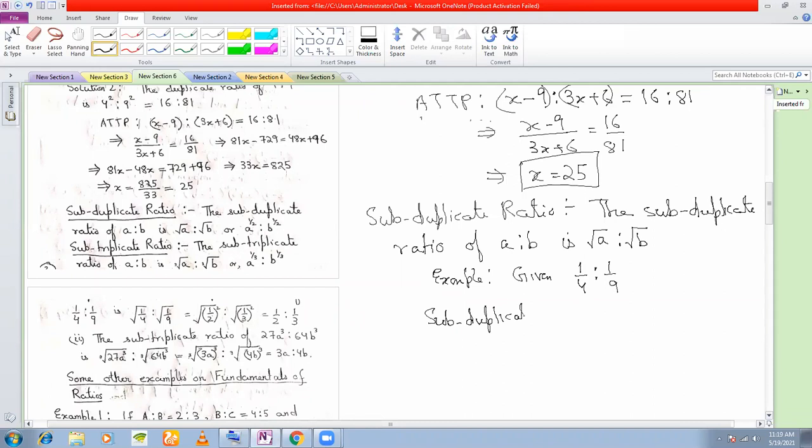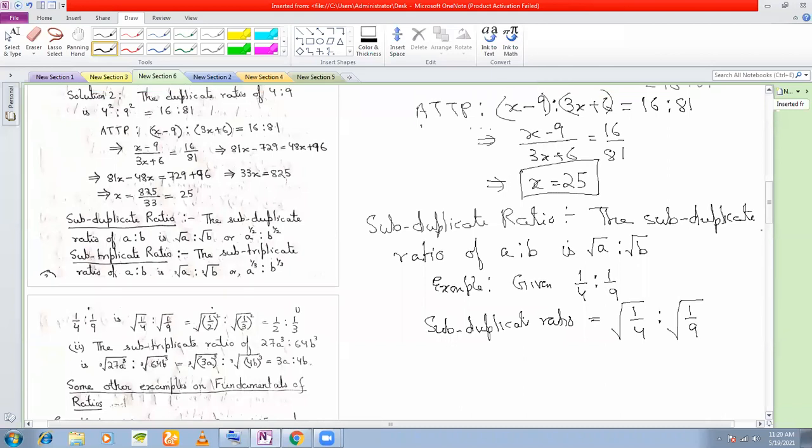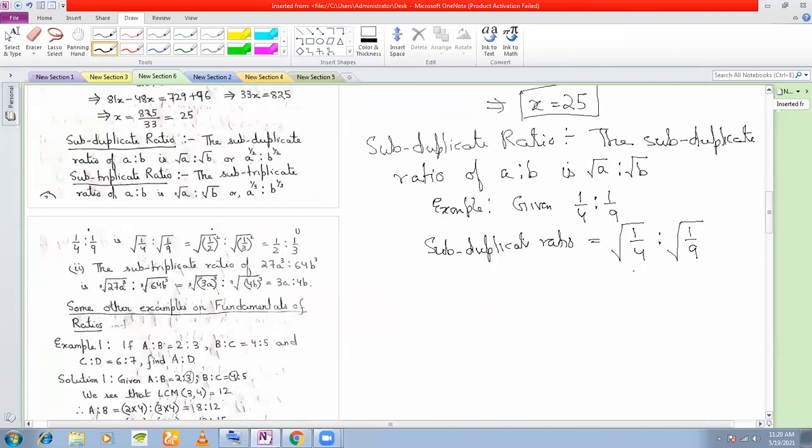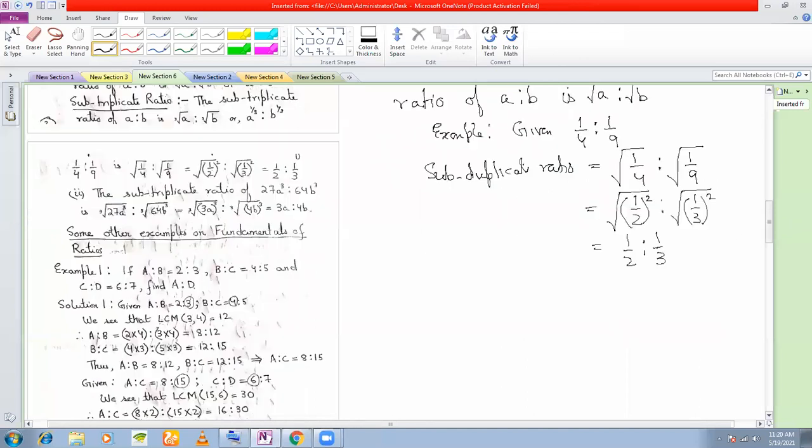It is the positive square root of 1/4 is to the positive square root of 1/9, which is equal to 1/2 is to 1/3.